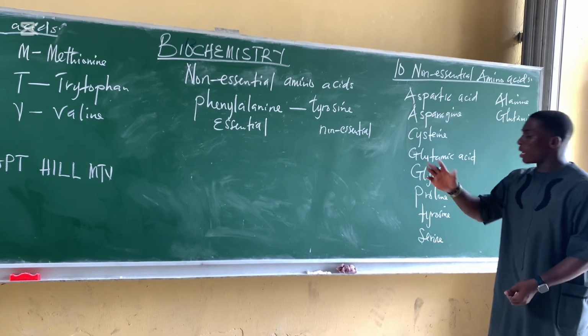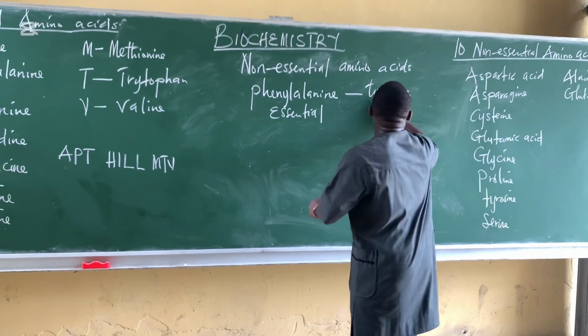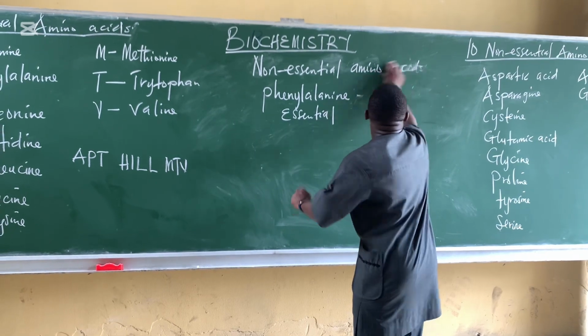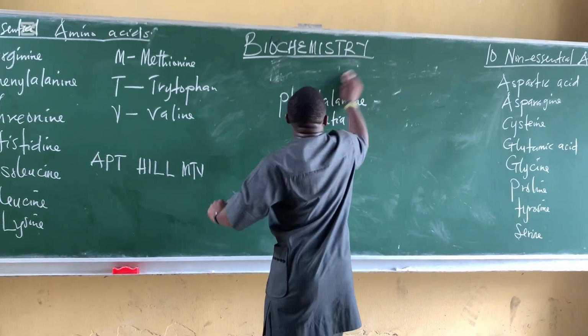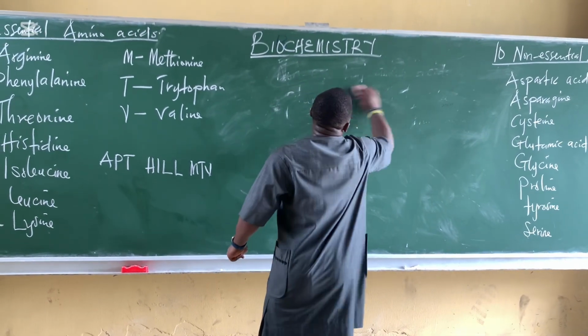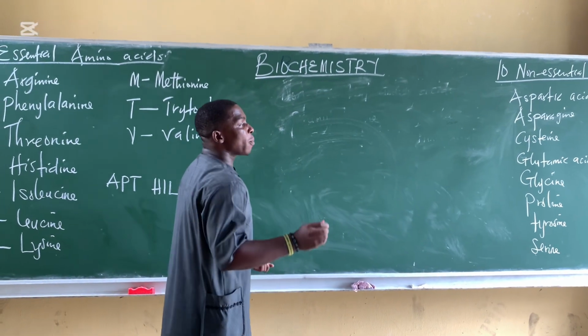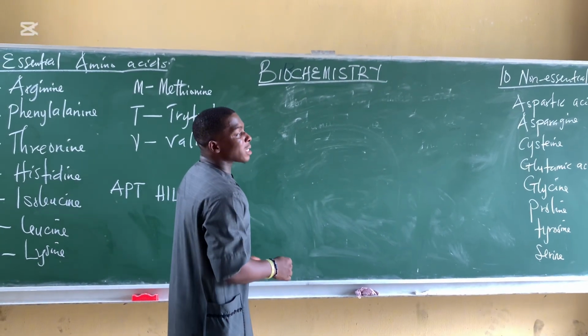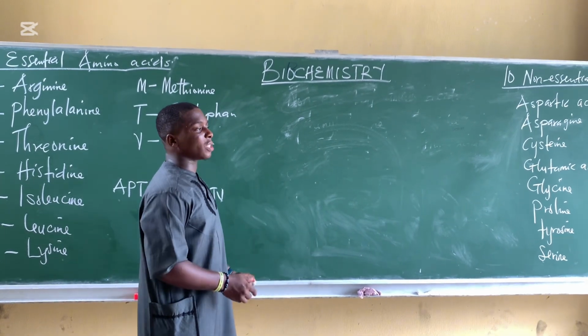So let's have a quick recap of what we've discussed so far under amino acids. Please take note, a very important point. Amino acids are responsible for all cellular activities in the body.